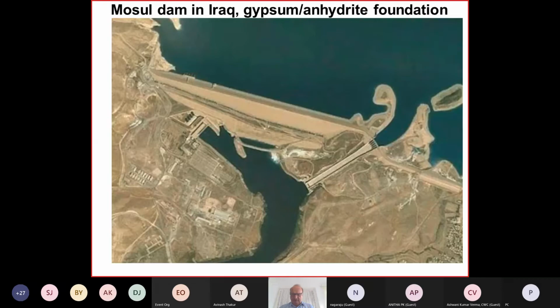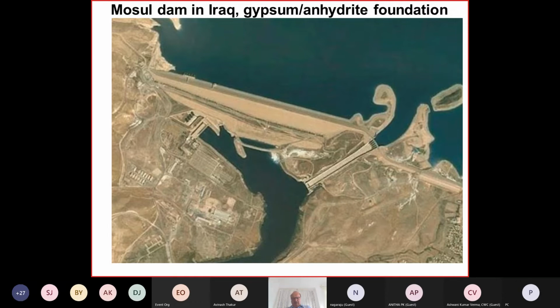So I should come to an end. Here is the Mosul Dam. Maybe you have heard about that in Iraq. Actually, we were also the engineers of this dam. It was considered the most dangerous dam in the world. We are not proud of that, you know. But I just want to say why we have this problem.